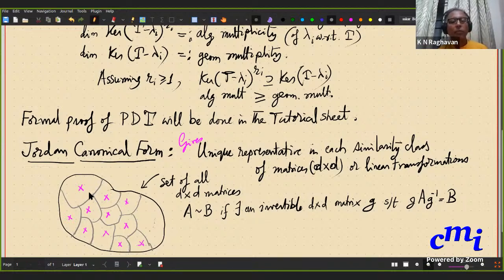If I say from each one I pick one, the question is, how do I pick one? There are infinitely many classes in this case, or even if there are finitely many, what you want to do is fix a pattern, and of that pattern, there is exactly one you want to select.